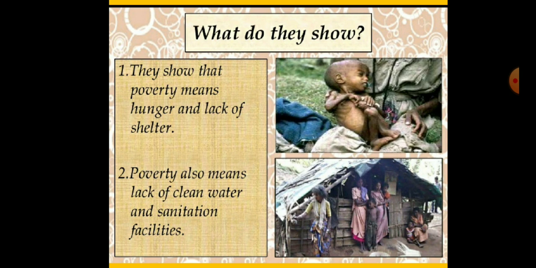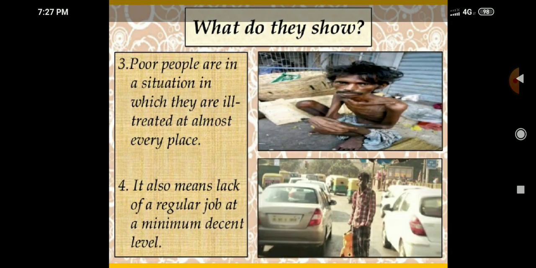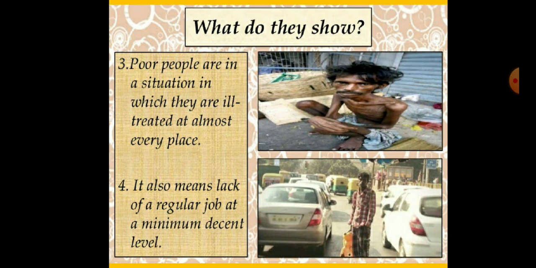This is what we learn from the 2 case studies. And poor people are in a situation in which they are ill-treated almost everywhere. It also means lack of a regular job at a minimum decent level.